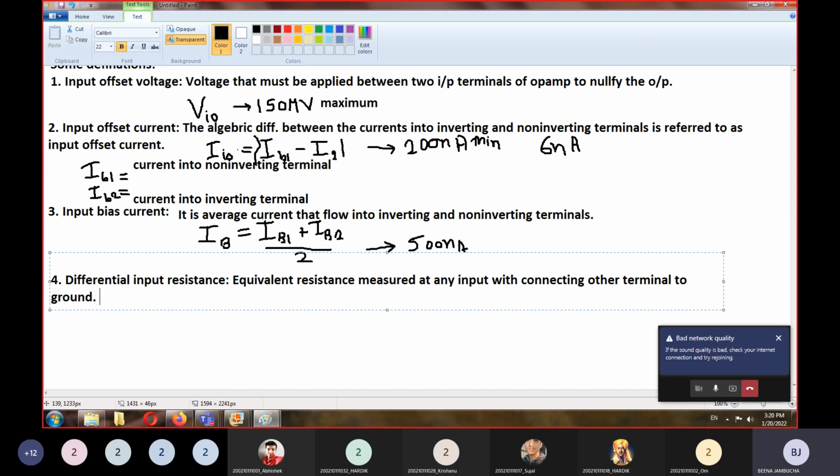Right? It is the input resistance measured at any input with the other terminal connected to ground. So अगर हम inverting terminal पे ये measure करते हैं, then you will have to ground the non-inverting terminal, and if you are considering the non-inverting terminal, then you will have to ground the inverting terminal. For the 741 IC, this value is near about 2 mega ohms.